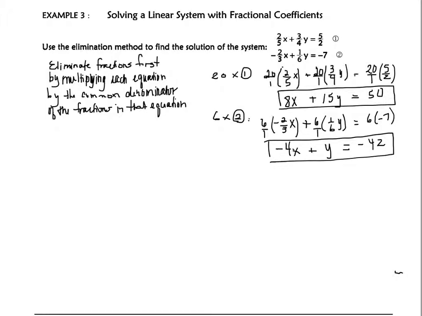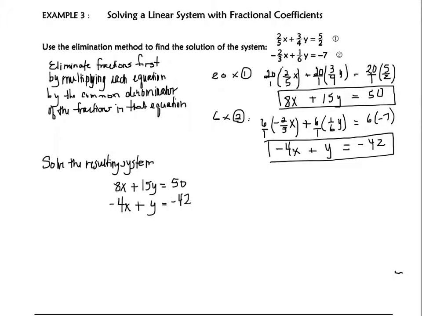And so now we're going to solve the resulting system, which would be 8x plus 15y equals 50, and -4x plus y equals -42.